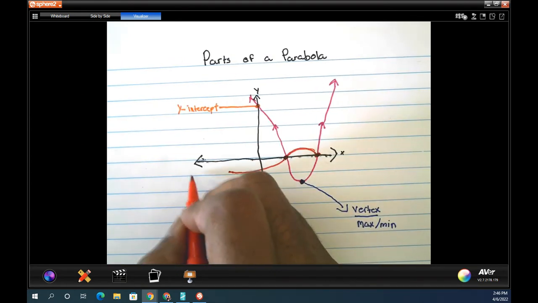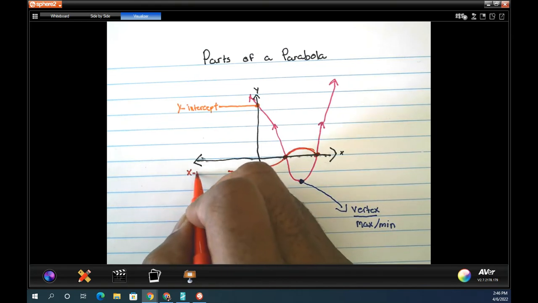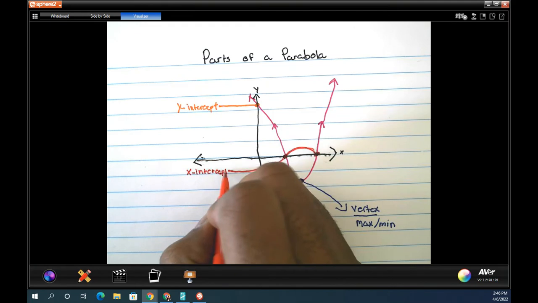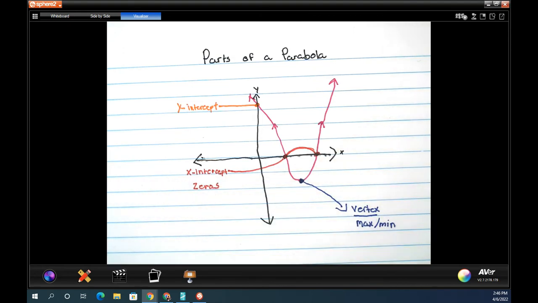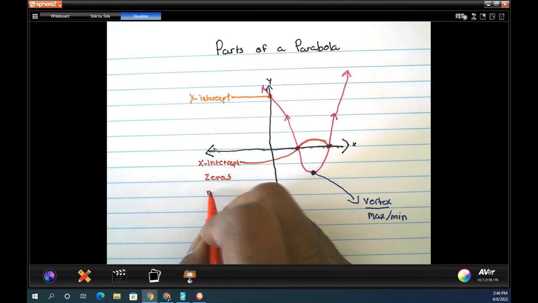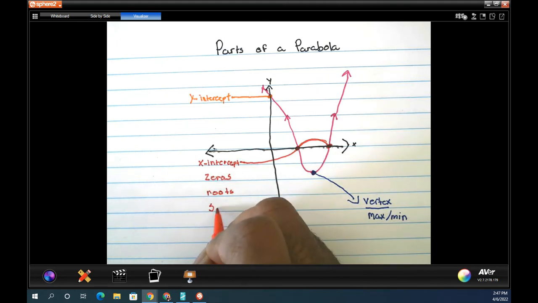We should know it's called the x-intercept. But we've talked about they're also called zeros. But here are the two new ones, roots or solutions.